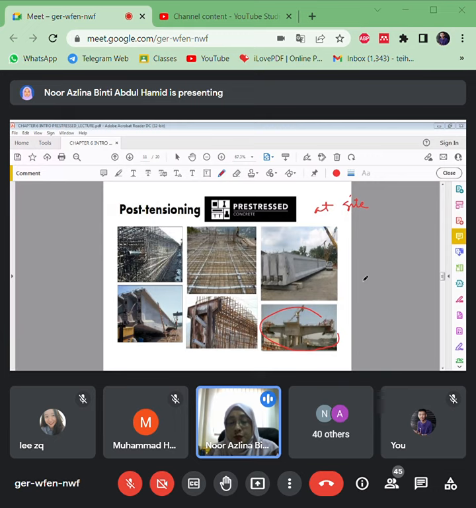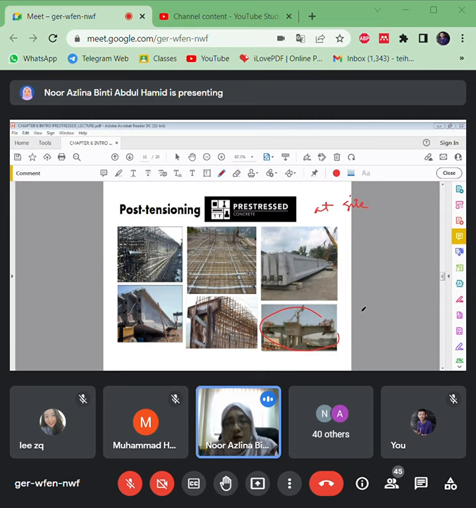For pre-tension, it's suitable for standard sizes, standard components for the structure. Post-tension can be special for big structures that can't be transported, and that also need a big scale of molds and so on.